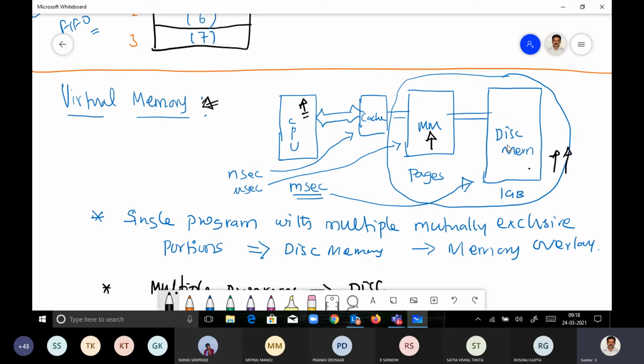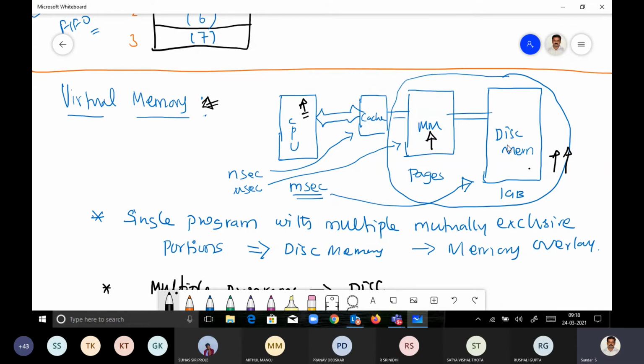But unfortunately, the cost and size of these memories, like cache memory and main memory, are large. They occupy more space and they are costly. So how to manage this issue? This is the idea for virtual memory. Are you all clear?